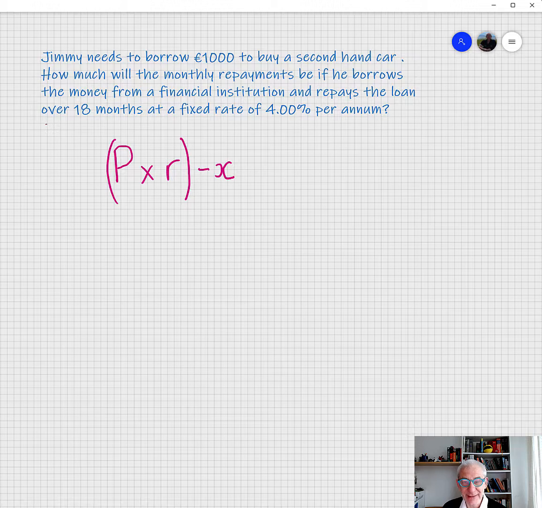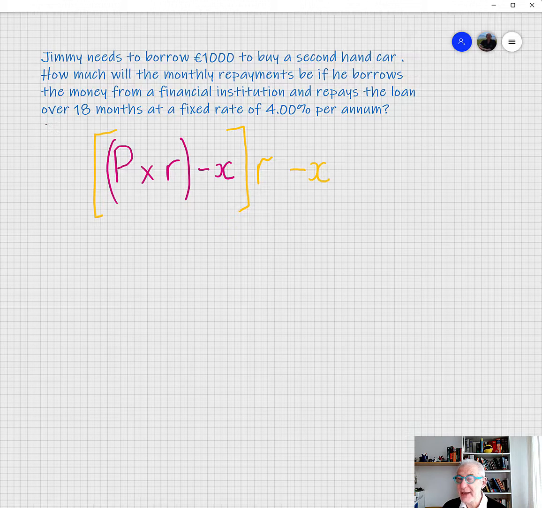So the next time, if I choose a slightly different color here, this total remaining balance, which is PR minus your repayment, is going to get multiplied by R again. Then you subtract your monthly payment, and that process just repeats.